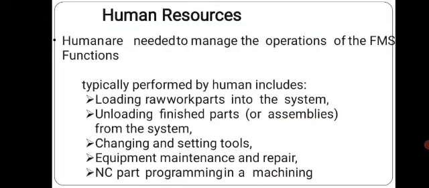Finally, the fourth component of the FMS is human labor. Like any other manufacturing approach, the operation of the FMS is also managed by human labor: to load raw work parts into the system, to unload the finished work parts from the system, for tool changing and tool setting, and for equipment maintenance and repair, to furnish NC part programming in a machining system, to program and operate the computer system, and to accommodate overall management of the system.